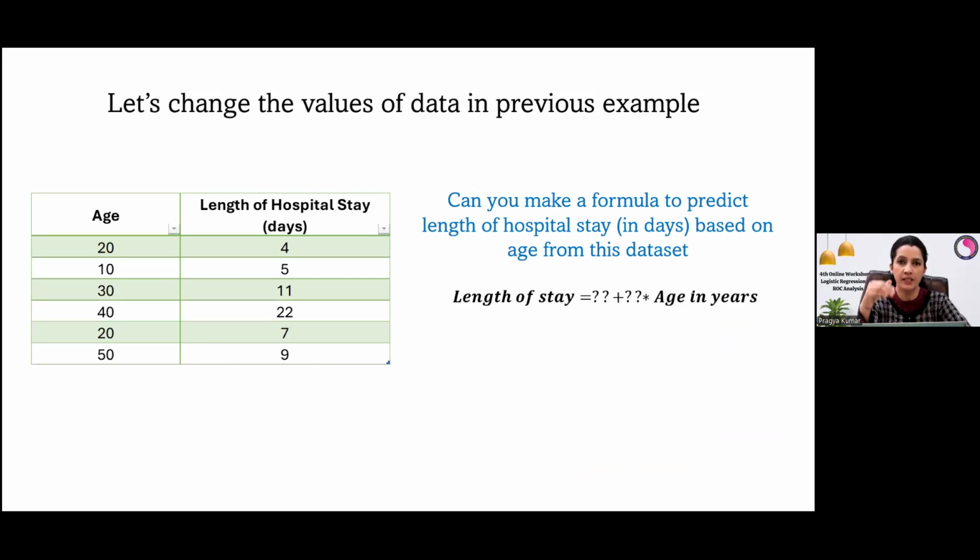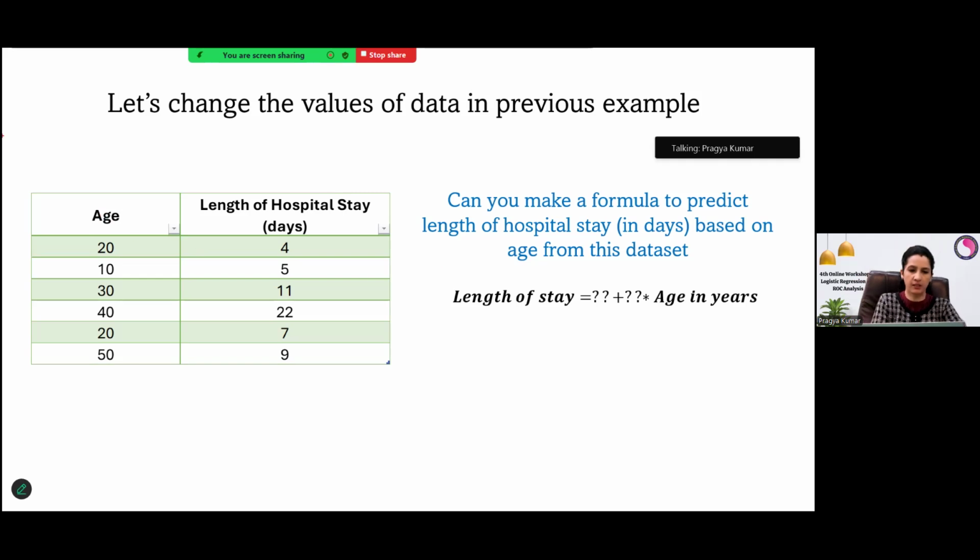Now you can see the same individuals, but the length of hospital stay is different. You can see it is 4 days with 10 years of age, 30 with a 30-year-old person, and if you see this third row, with 30 here it is 11, again with 20 here it is 7.